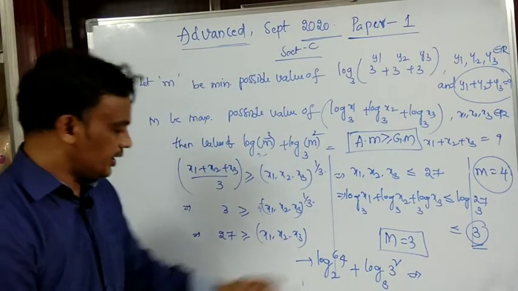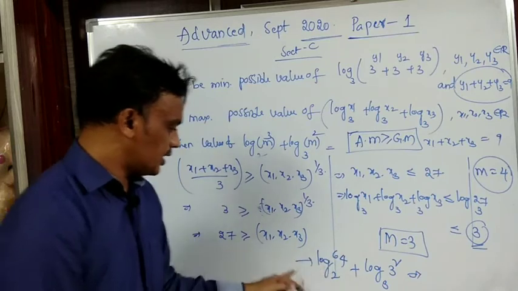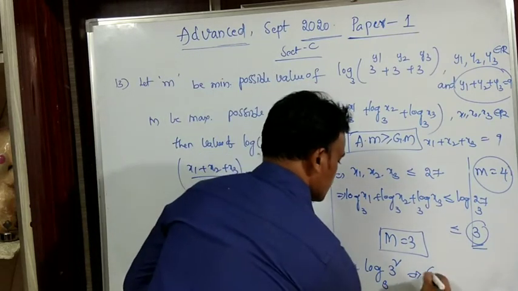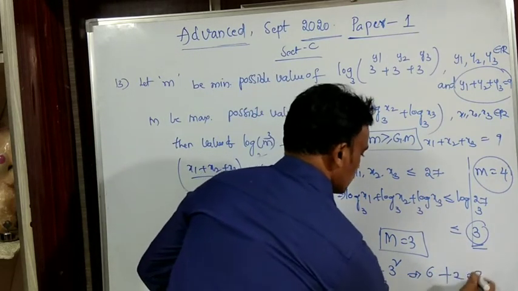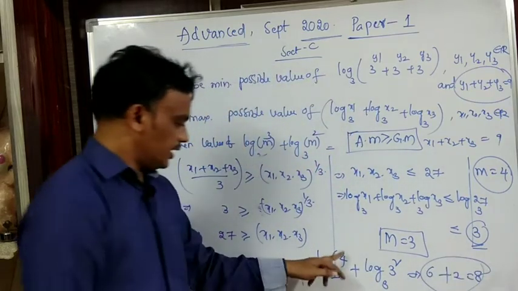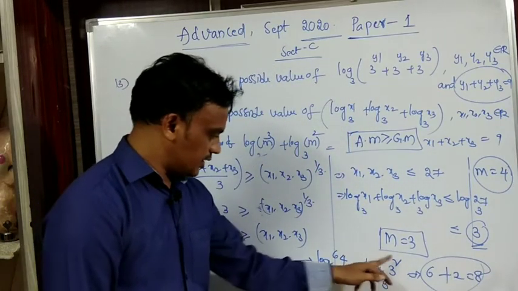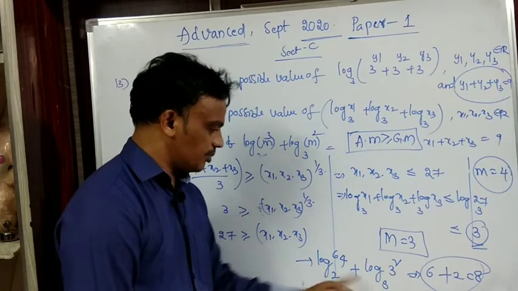So 64 is 2^6, which gives 6, and 2, which gives 8. That is 6·log 2 base 2 plus 2·log 3 base 3. It is 6 + 2 = 8.